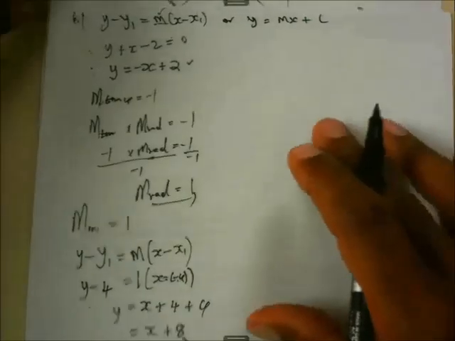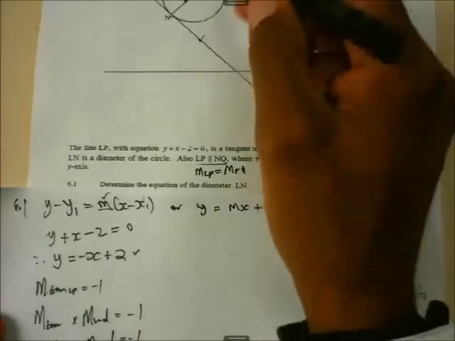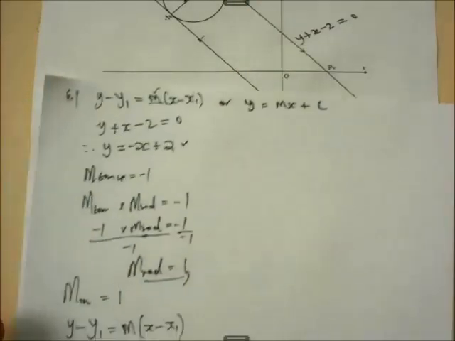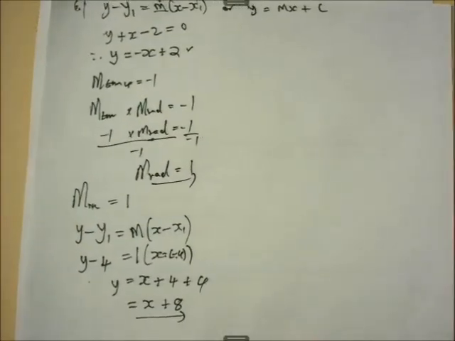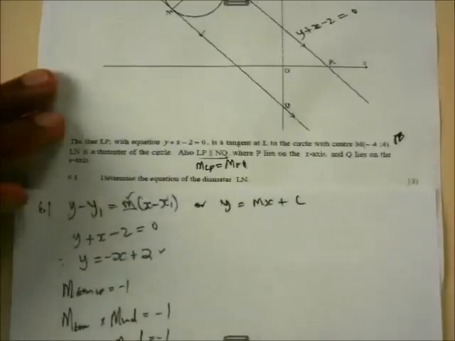Therefore, for 6.1, the equation of the line LN is y equals x plus 8. Right, now this was the first question.